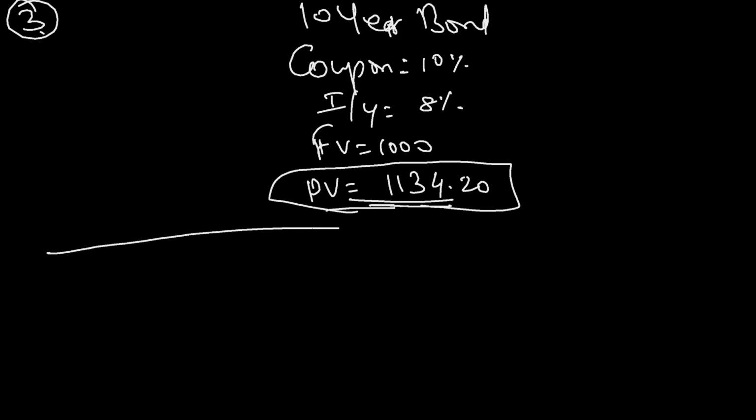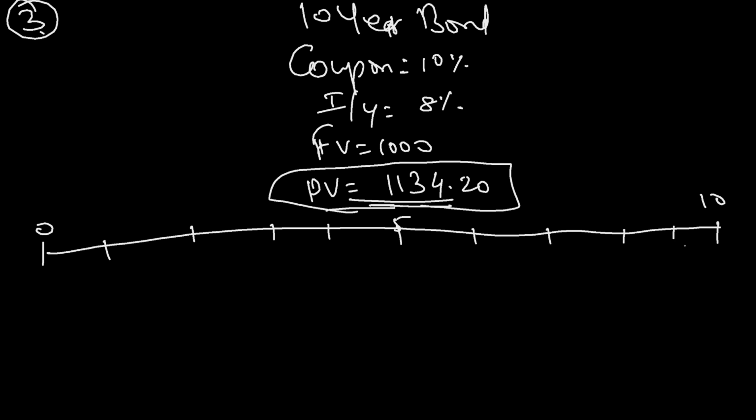Now I'll draw the timeline, 0 to 10 years: 1 2 3 4 5 6 7 8 9 10. Initially you are going to spend 1134.20.